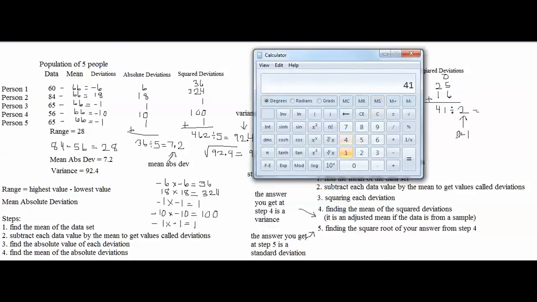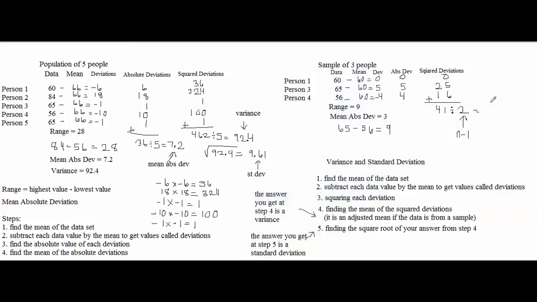And we only divide by n minus 1 if the data came from a sample. If the data came from a population, you just divide by the number of numbers, you just divide by n. 41 divided by 2 is 20.5.